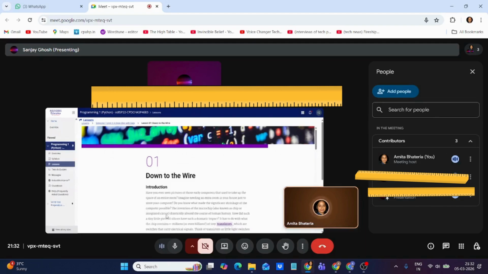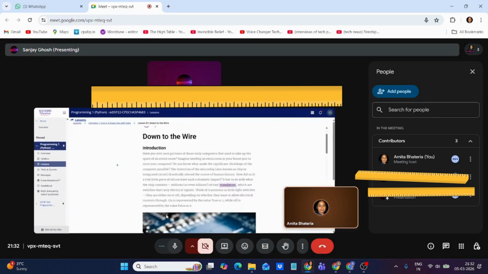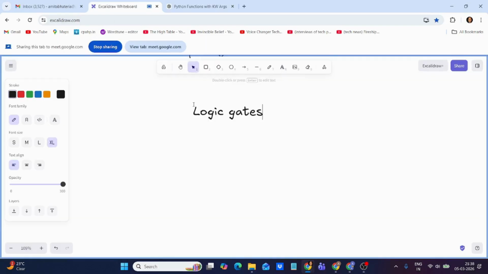Okay, so we did transistors last time, right? In the introduction we learned that a transistor acts like a switch. So we can say that a transistor is equivalent to a switch, right?